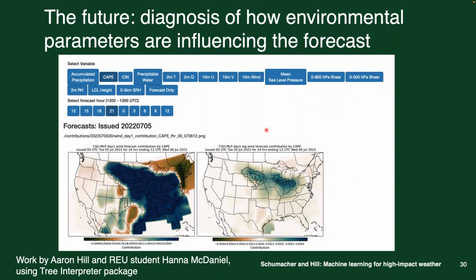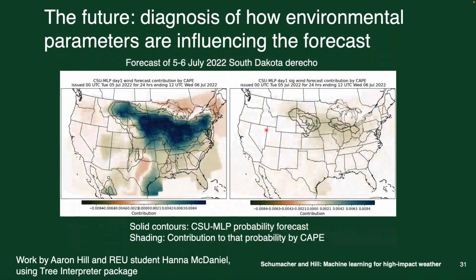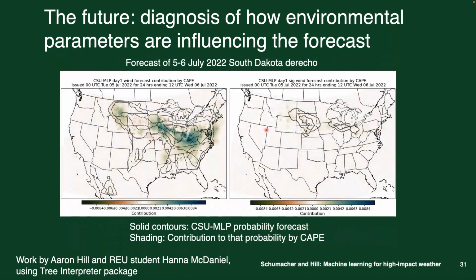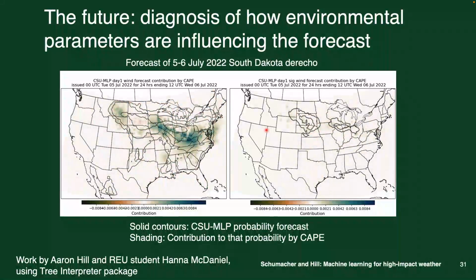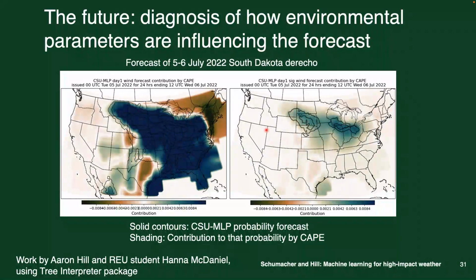So one of the methods we're using is tree interpreter, and a lot of this initial work was developed by our REU student last year, Hannah McDaniel, where we started to plot what these looked like relative to the forecast probabilities. So if you go to the next page, you can see the evolution of what one of these variables, in this case it's CAPE, how that contributes to the 24-hour forecast probability, which are those solid contours.